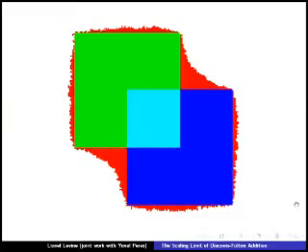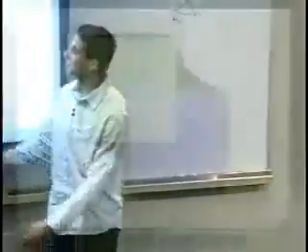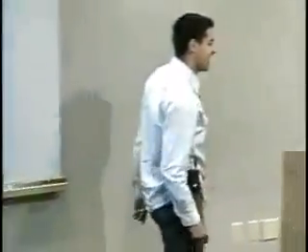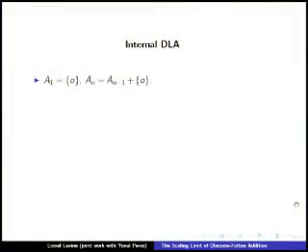So here's a picture of what you get if A and B are two squares which overlap in this smaller square in the center. And the red points are the points y1 through yk. One special case of this, which is particularly interesting, is called internal DLA. DLA stands for diffusion limited aggregation.